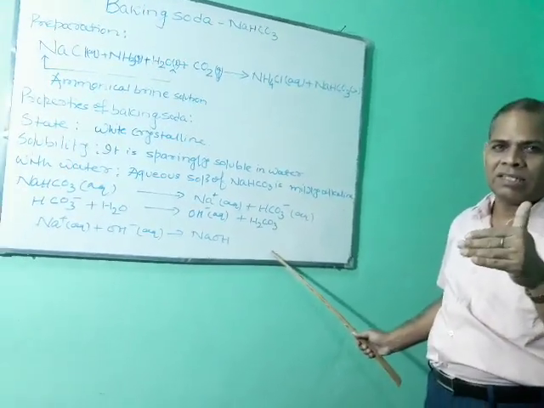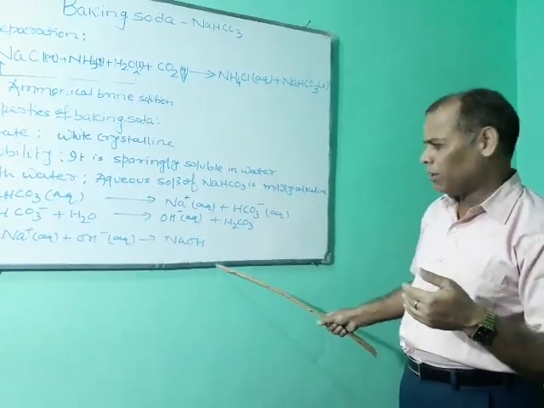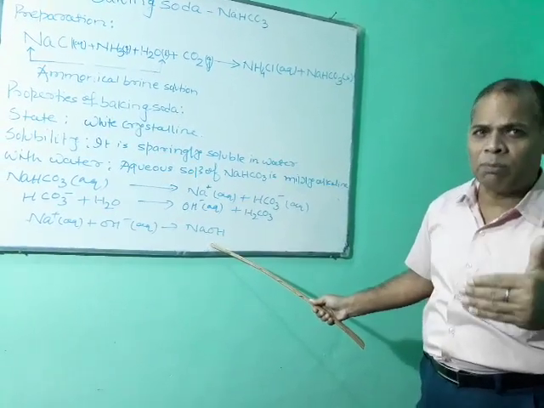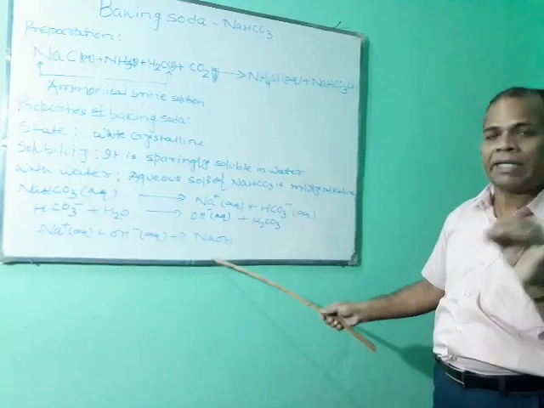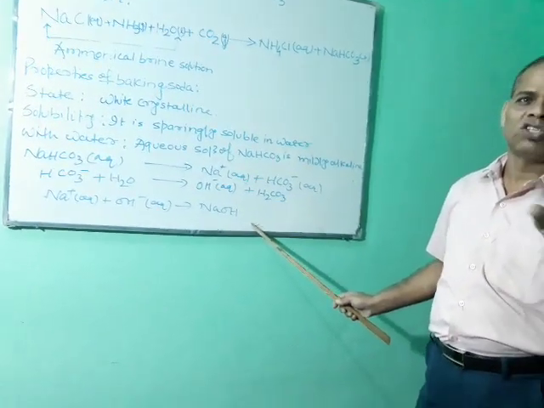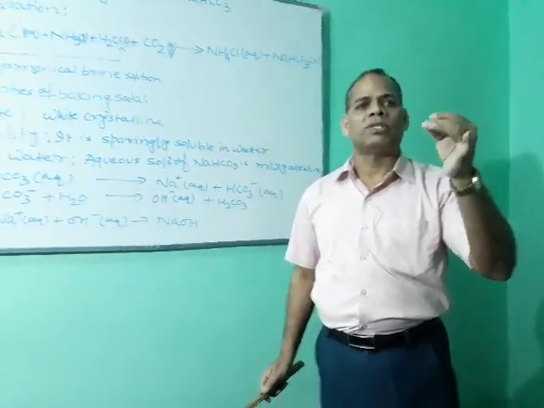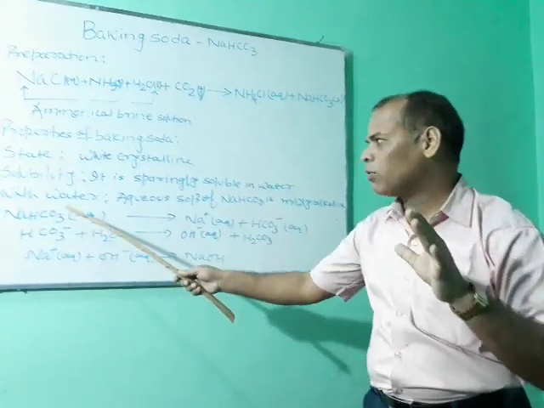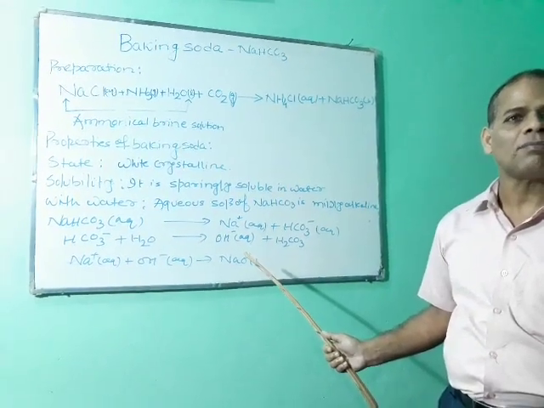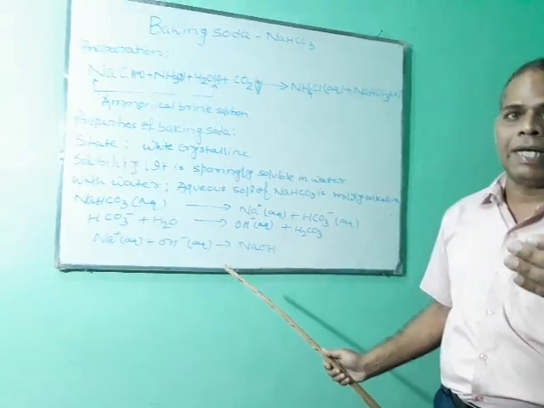So obviously this war will be won by the sodium hydroxide. There will be more OH minus ions as compared to H plus ions. So overall, the aqueous solution of sodium bicarbonate is slightly or mildly alkaline in nature.